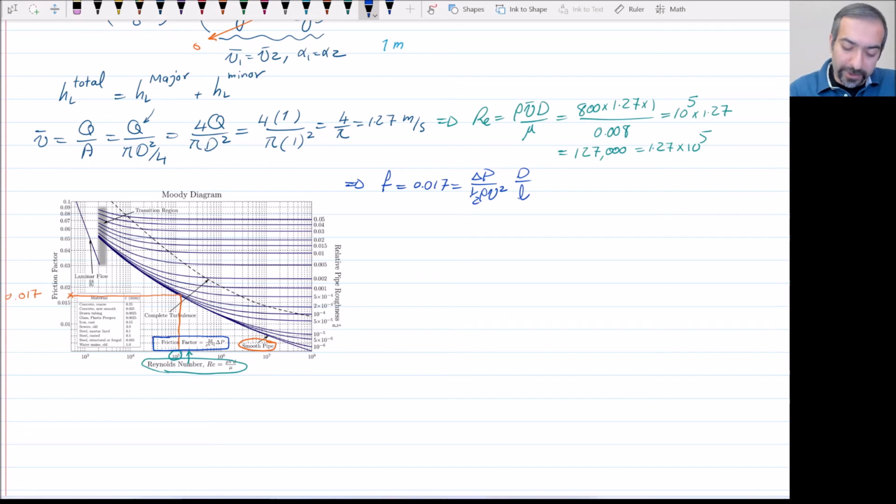This is the definition of friction factor, D over L times delta P over 1/2 rho V squared.